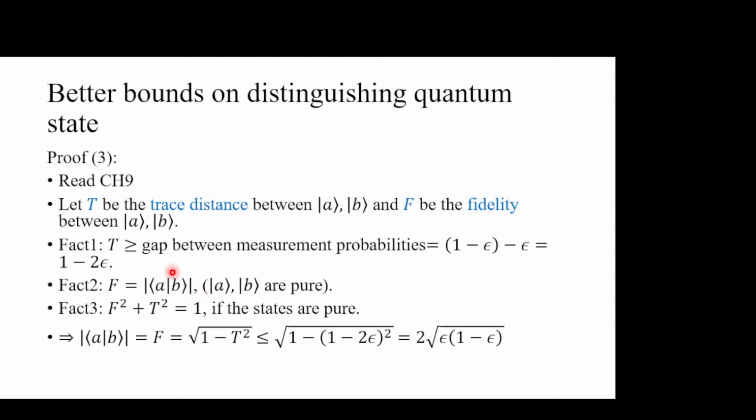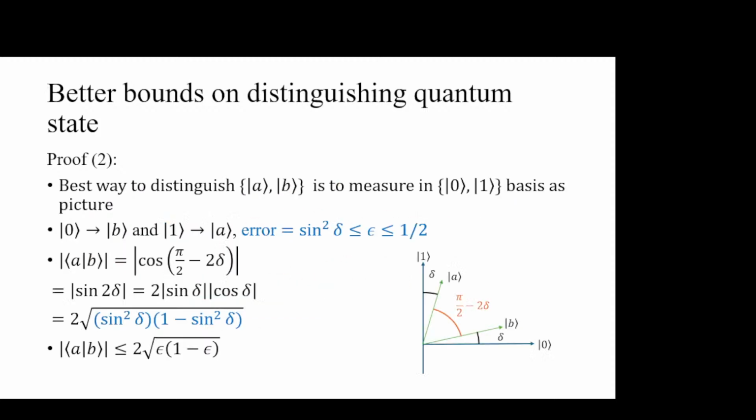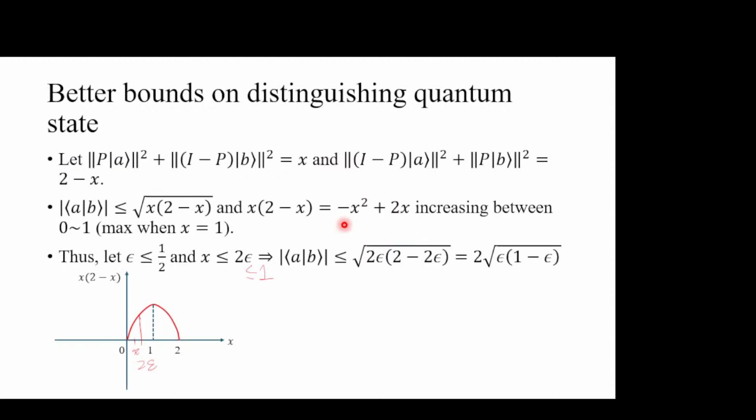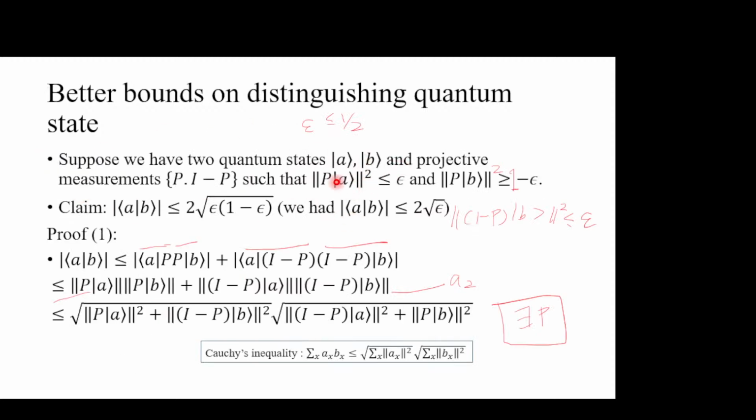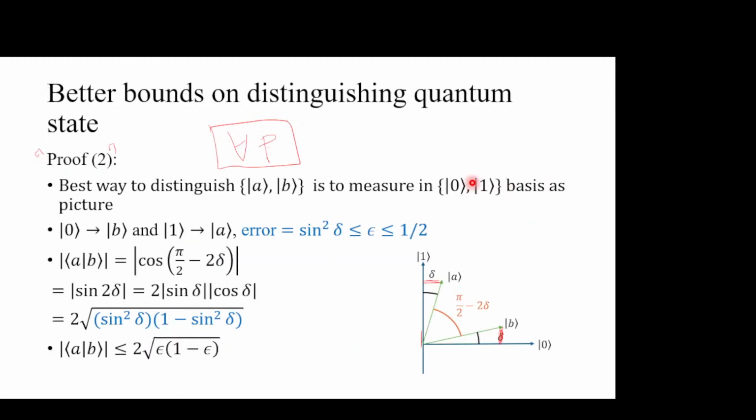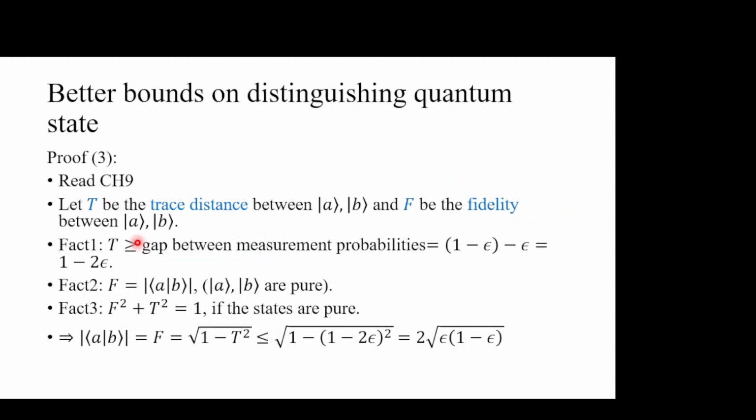This is a gap between the measurement probabilities for distinguishing those states. The distinction probability should be epsilon, and the difference between them is epsilon and 1 minus epsilon. So the trace distance is lower bounded by the gap between those two probabilities, so it is 1 minus epsilon, that is, 2 minus 2 epsilon.